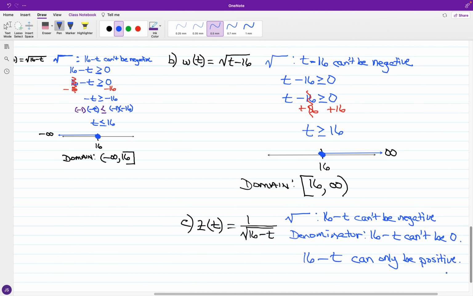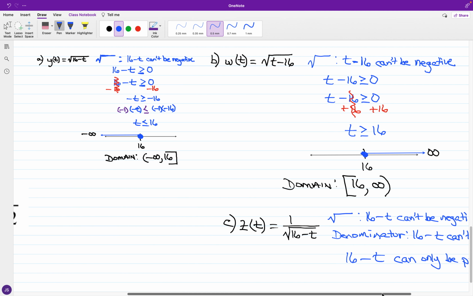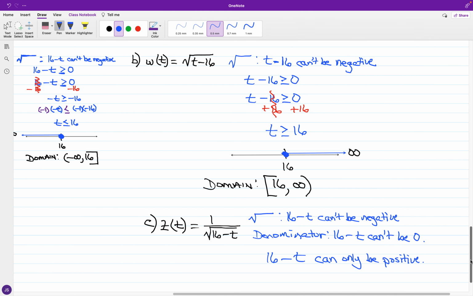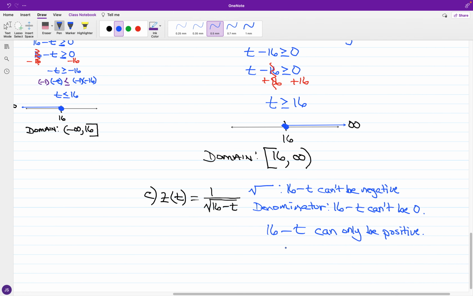And for the defining inequality, notice before from part A, I could have the square root of 0, but I cannot have the square root of 0 in the denominator. So I had set up 16 minus t is greater than or equal to 0 in part A, but since 16 minus t can only be positive for the function z of t, we have the inequality set up whereupon 16 minus t is greater than 0.